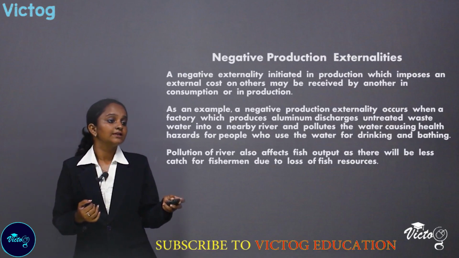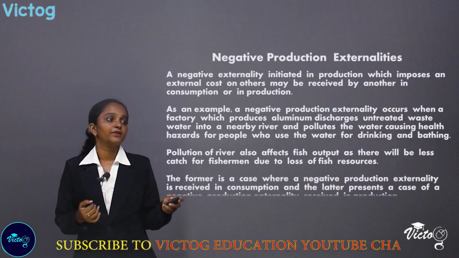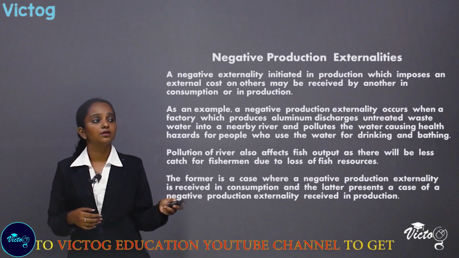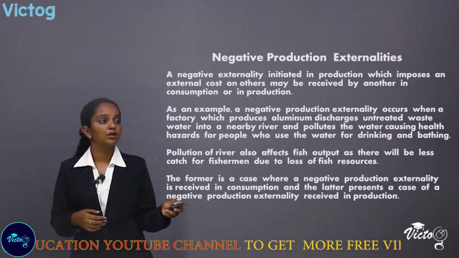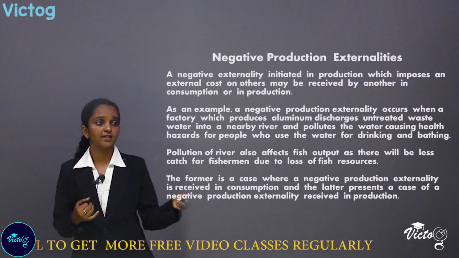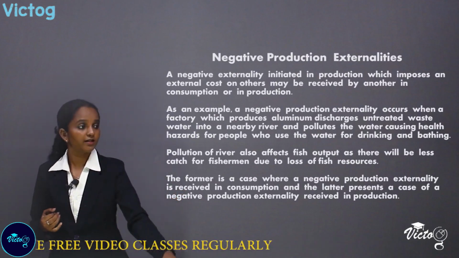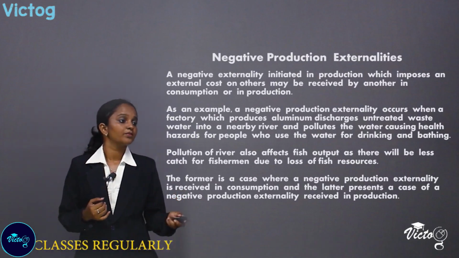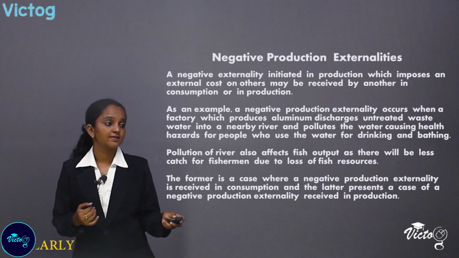So the first one, the wastewater that leads to health hazards for people who are using it for drinking and bathing, is known as negative production externality received in consumption.